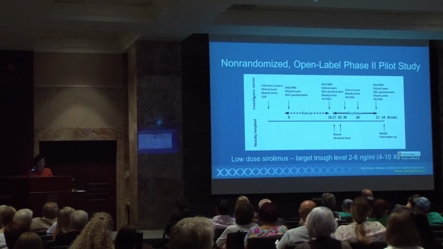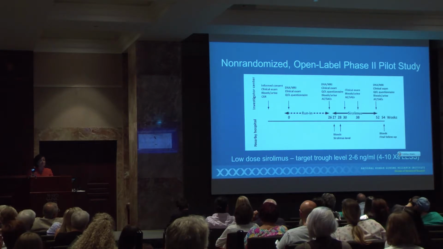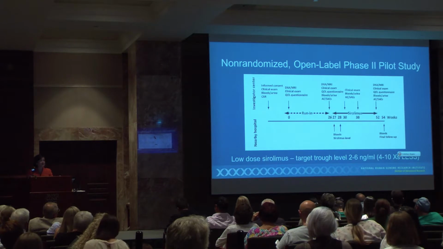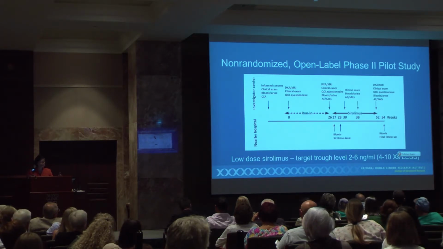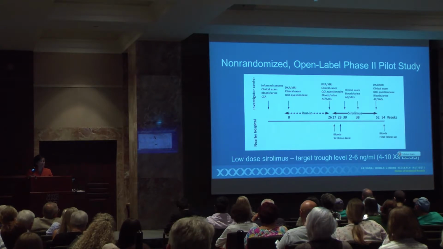And then we treated for 6 months with sirolimus and repeated those measures, and we compared this treatment period to the untreated period. We also did tests to monitor the levels of sirolimus, because you need to make sure it's in the right range, and so we targeted this low dose, and I put the exact dose that we were targeting to emphasize that it was about 4 to 10 times less than the approved use dose for immunosuppression.